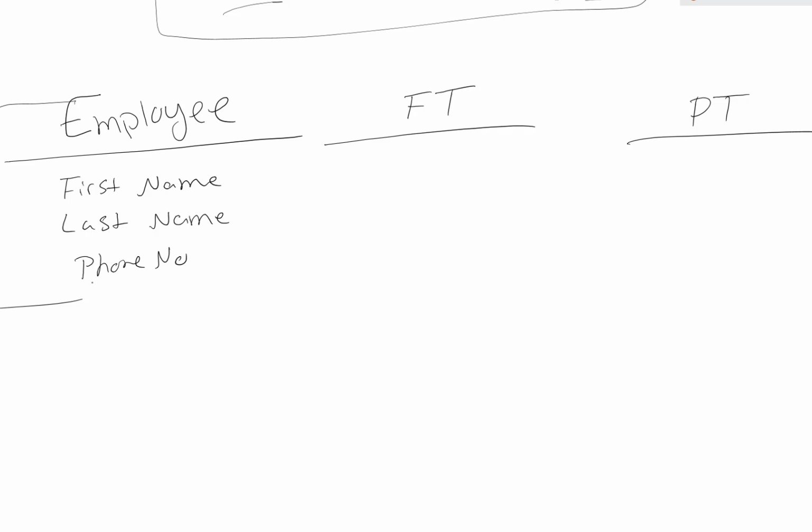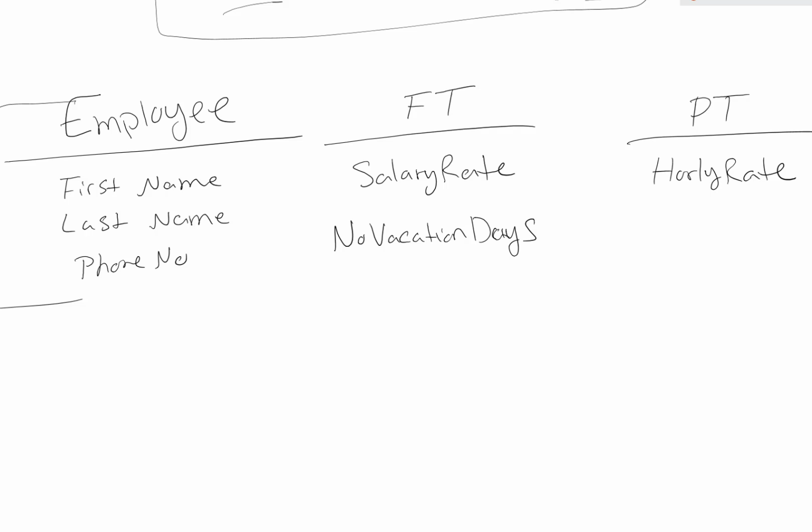So maybe my full-time employees have a salary rate, whereas my part-time employees have an hourly rate. Full-time employees may have a number of vacation days, but part-time employees don't have vacation days, so I wouldn't add a property for them.